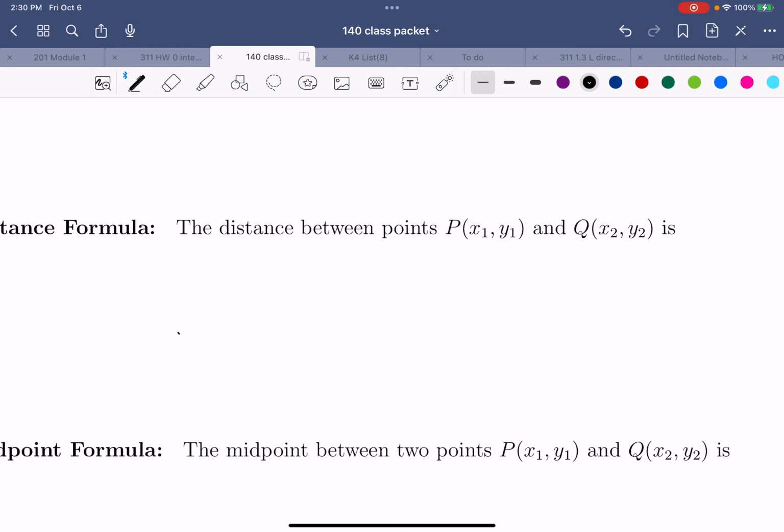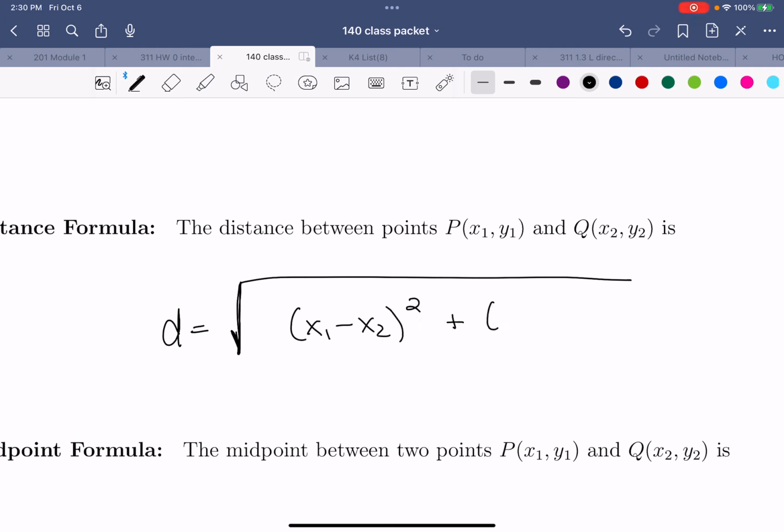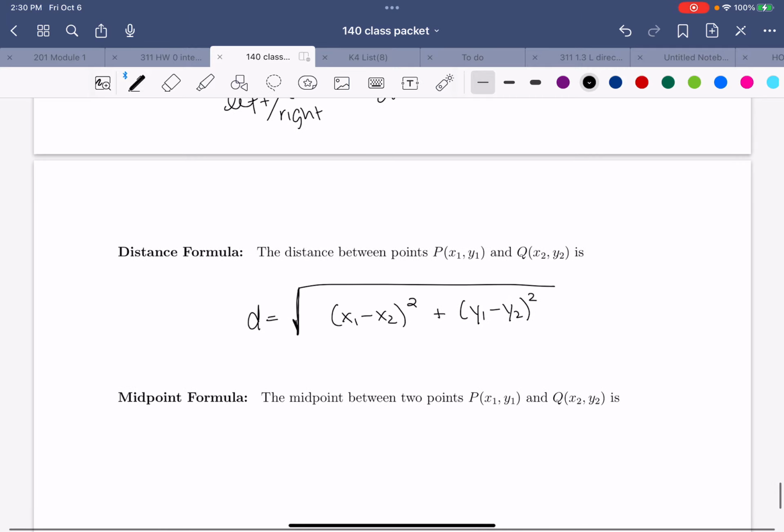So the distance is the square root of (x1 minus x2) squared plus (y1 minus y2) squared. Now you're squaring and adding things here, so none of the order actually matters. It doesn't matter which one is your x1 and which one is your x2, or if you subtract the y's and square them first. I'll show you an example of that in a minute.